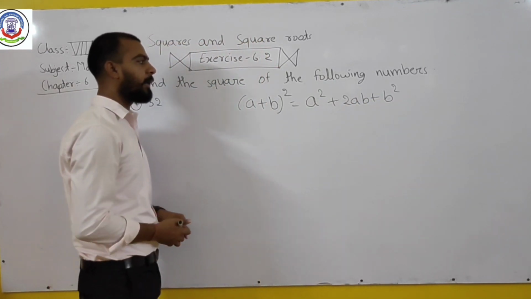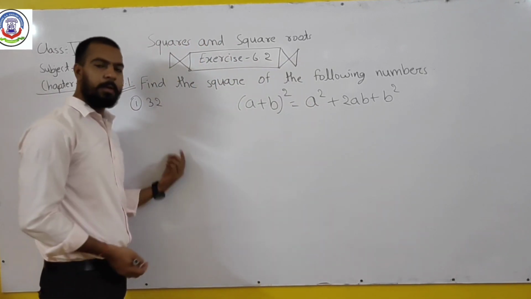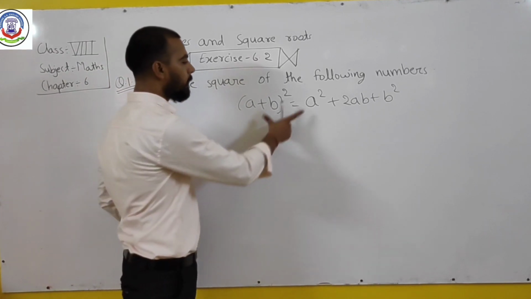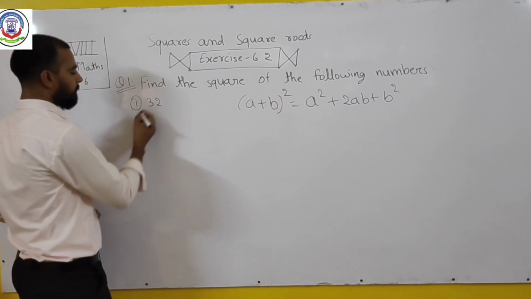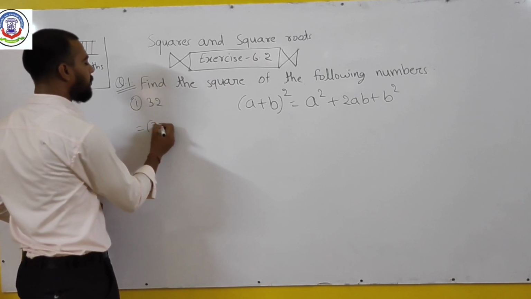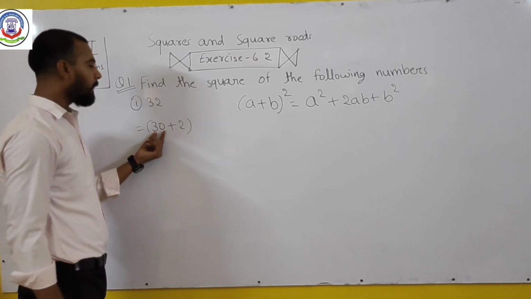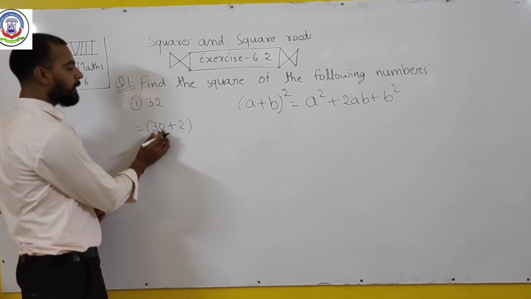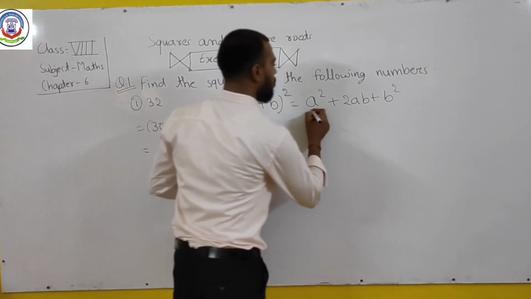Means you have to use this formula for 32 or whatever number is given to you, and find its square. Okay, you have to apply this formula, but how? Let's see. 32 means 30 plus 2. Let's assume 30 as A and 2 as B. Okay, that means this is A and this is B, and now you have to apply this formula.